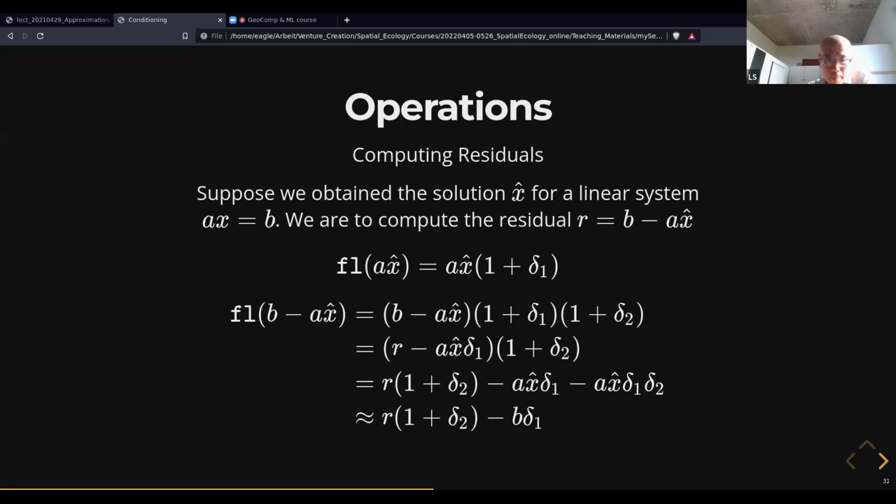I have this linear system Ax = b, where b is your response variable, x is the explanatory variable, A is just the coefficients, and the residual is pretty much the difference between your response and your estimate. The estimate is coming from your computational modeling, which I use x hat to represent.